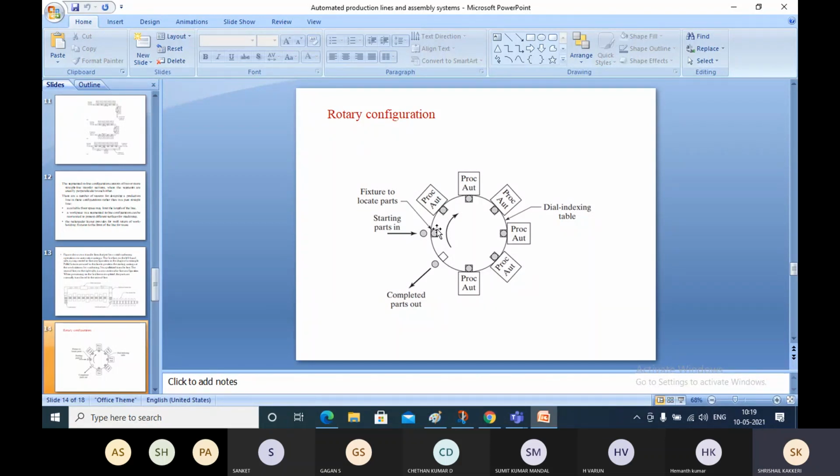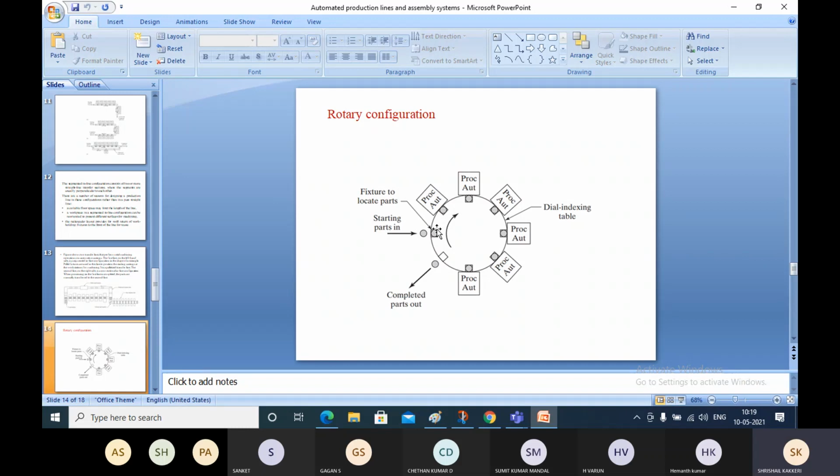And what are the advantages of going for this rotary configuration? The rotary configuration requires much less space as compared to the inline. You can see that a simple rotating indexing table, a circular table, has the workstations arranged around its periphery, so it will be compact in nature, and the workspace required will be much smaller.